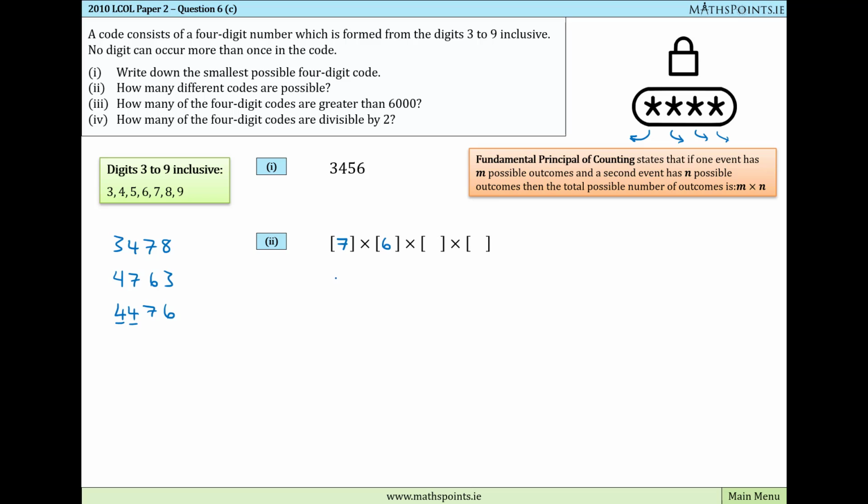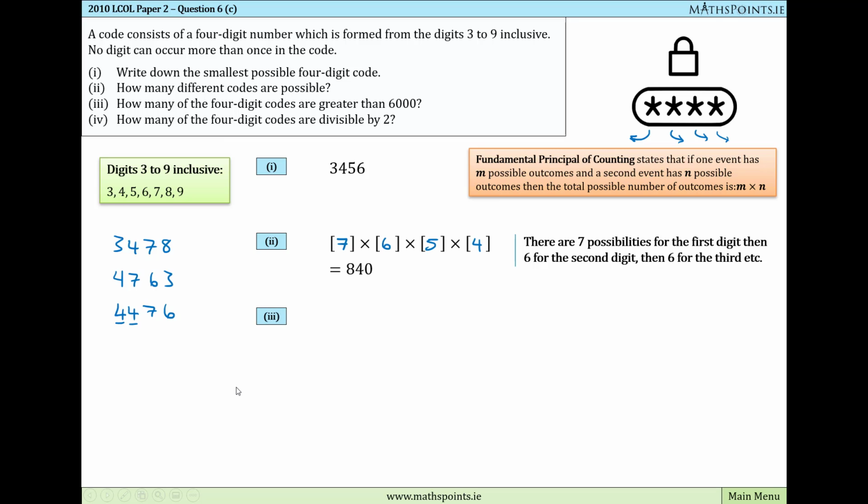Likewise, if we've used 2 digits now, there's only 5 possibilities for the third digit, and finally, if we've used 3 digits, there's only 4 possibilities out of the 7 numbers for the final digit. And if we multiply these numbers together, we get that the total amount of different codes that are possible is 840.